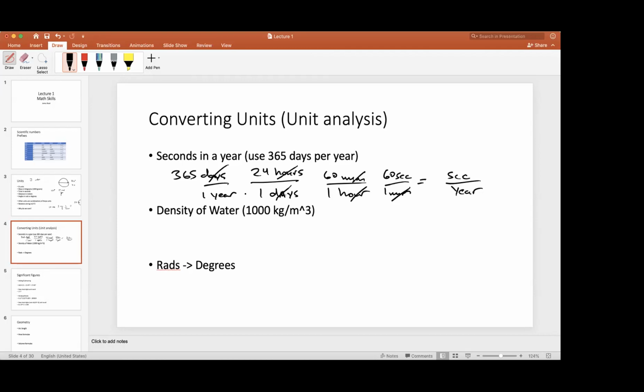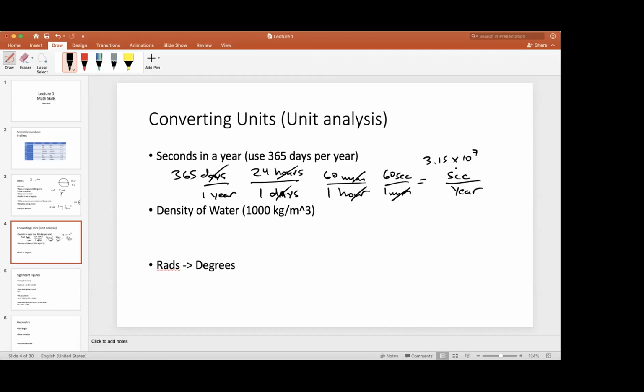If I multiply 365 times 24 times 60 times 60, I get 3.1536 times 10 to the 7th. So I get 3.15 times 10 to the 7th seconds in a year. 3.15 is really close to pi.